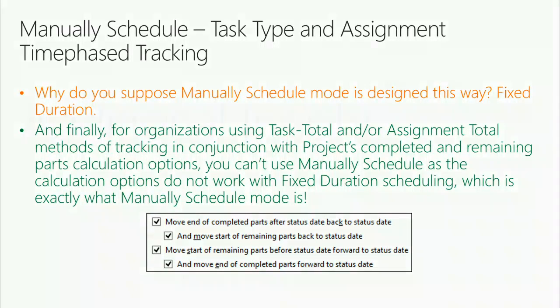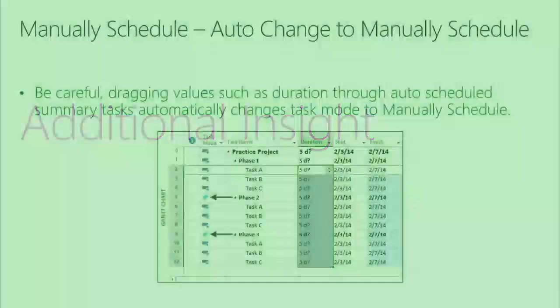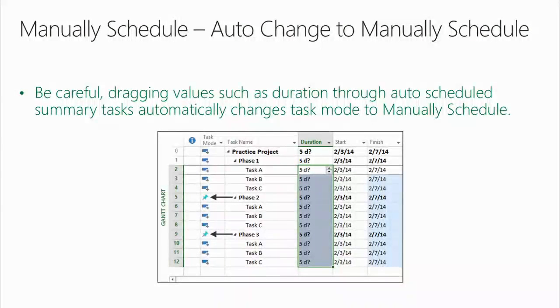All right? Here's some additional insight for you. Be careful. Dragging values such as duration through an auto-scheduled summary task automatically changes task mode to manually schedule. So, one of the customers that I work with, I was reviewing a whole bunch of their project schedules, and this is a very reputable healthcare organization.